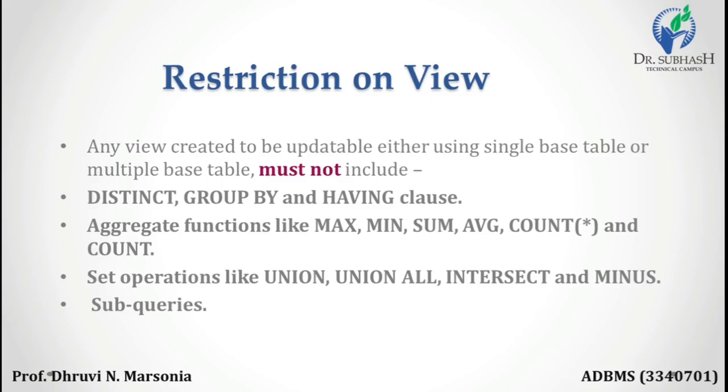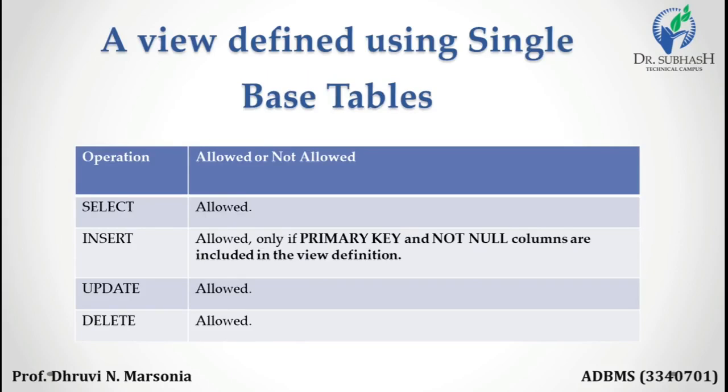Aggregate functions like max, min, sum, average and count are not supported in a view; if the base table has aggregate functions, we cannot create a view. Set operations like union, union all, intersection, minus and subquery in the base table also mean we cannot create a view on it.